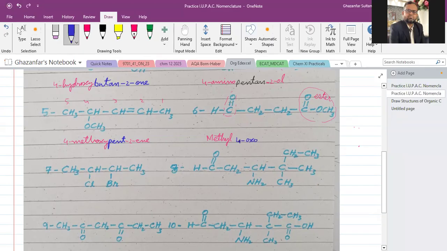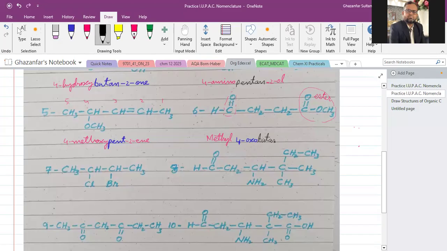Here the position must be mentioned, because oxo could be for ketone, oxo could be for aldehyde. So we don't know whether it is aldehyde or ketone. So the number is important. 4-oxo, and total carbon atoms in the chain are 4, 1, 2, 3, 4. So this is but, and all the carbon-carbon bonds are single.